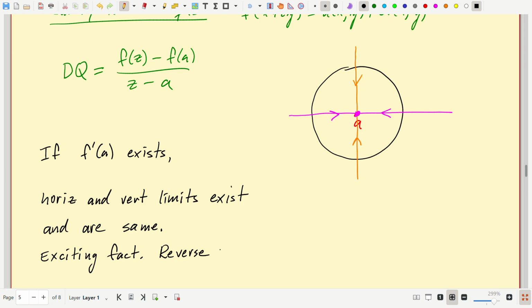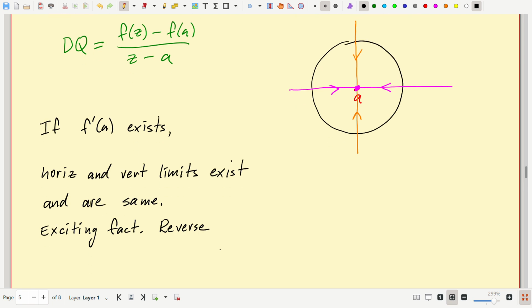We'll need f to be sufficiently differentiable, and I'll talk about that next time. So there's going to be two parts of this theorem. One is to show that if f prime exists, the Cauchy-Riemann equations hold. And the second part is the reverse: if the Cauchy-Riemann equations hold, the thing is complex differentiable.